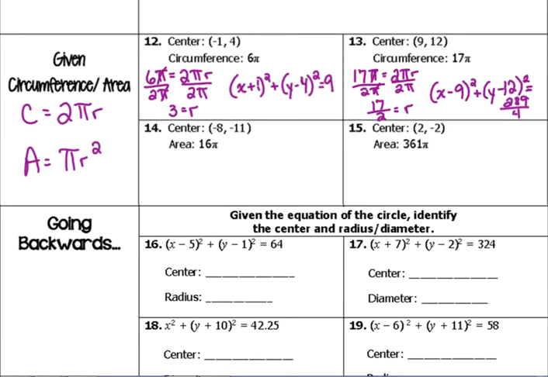All right, what if they give me the area? Okay, if they give us the area, we set 16 pi equal to pi r squared. So if I divide by pi, that cancels. I've got 16 is equal to r squared. Do I really need to completely solve it for r? No, because my equation of a circle is equal to r squared.